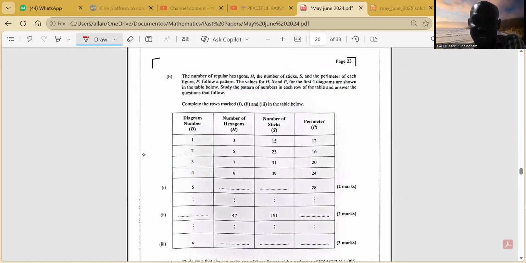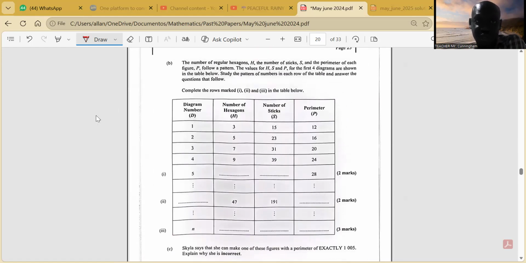All right. So I taught you all before the number of regular hexagons H, the number of sticks S, and the perimeter P. Right? Hexagons, sticks, perimeter. Each of the terms. So you have that.